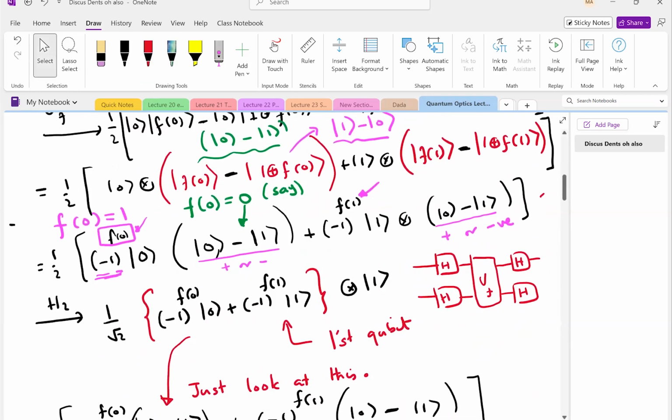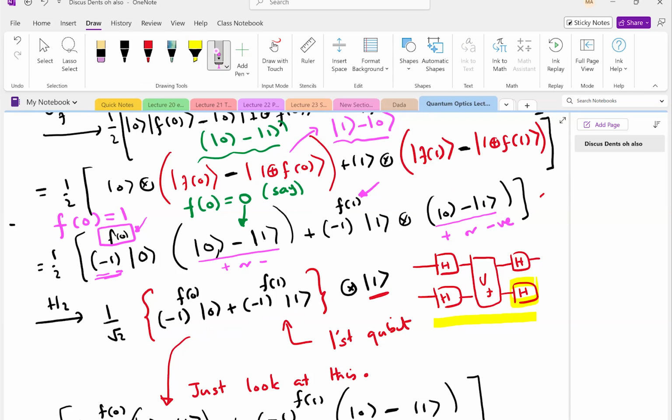So then what happens is I apply, as I've redrawn the circuit over here, another Hadamard gate to the second qubit. When I apply the Hadamard gate to the second qubit, this just collapses into ket 1 here. And the first qubit becomes the superposition here.